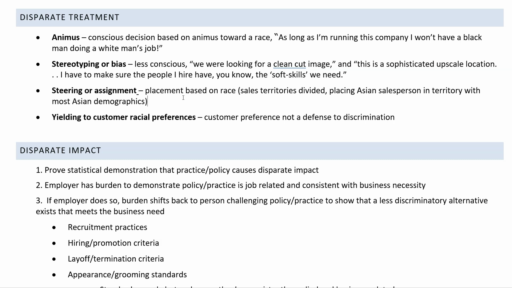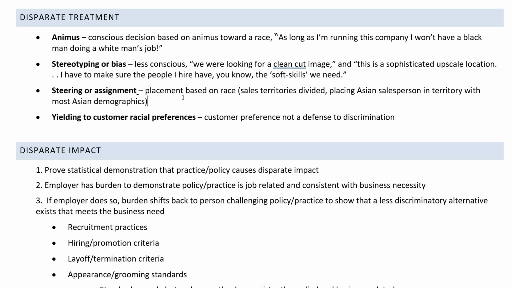So that's something I have to keep in mind if I'm steering people toward placement that might leave them with less opportunity than people in other territories, if I'm basing it on race or national origin. Finally, yielding to customer racial preferences.